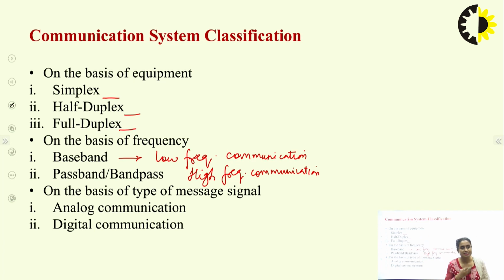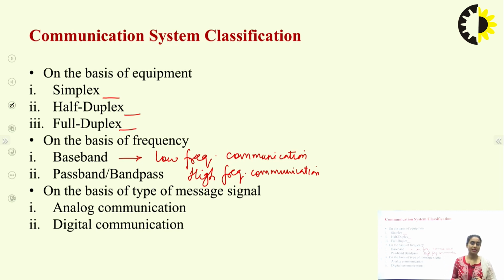Now if I classify my communication system on the basis of message signal, like whether my message is analog or digital in nature, then I call my communication system as analog communication system or digital communication. I'll take an example. My audio signals are actually simple sine waves, right? Audio frequency, those are analog signals.